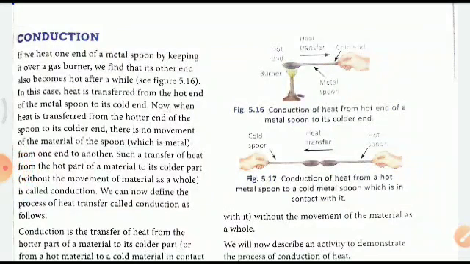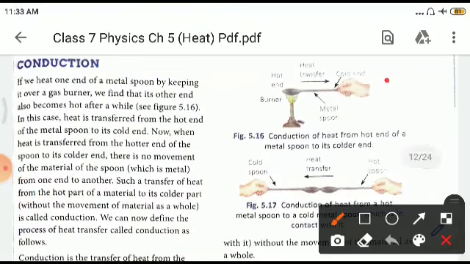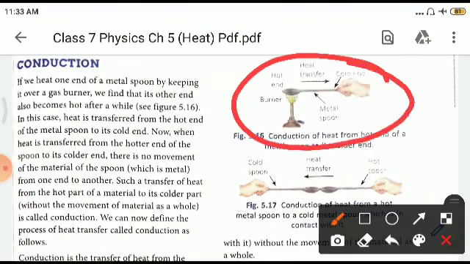If we heat one end, children, the best depiction of conduction is given here. If we do so, then our hand will feel the heat. Why? Because from the burner side the heat gets transferred through the spoon or the utensil towards the top, to our hand, and we feel hot.